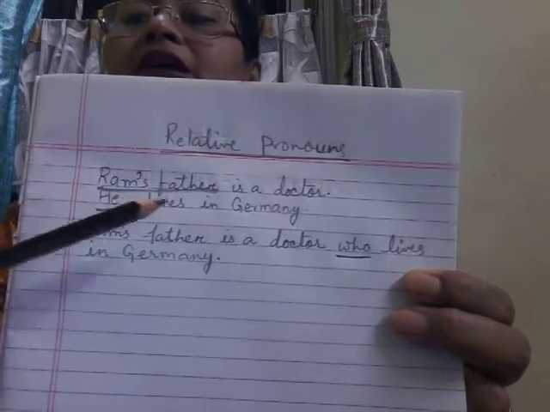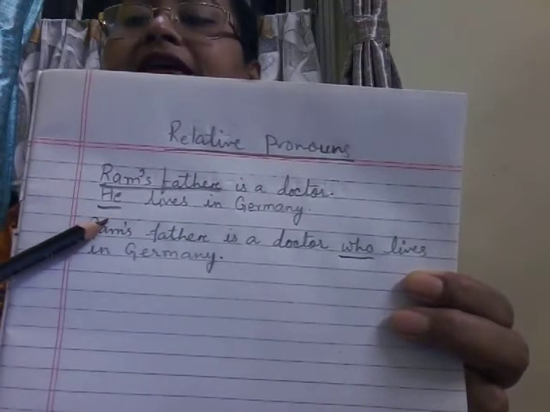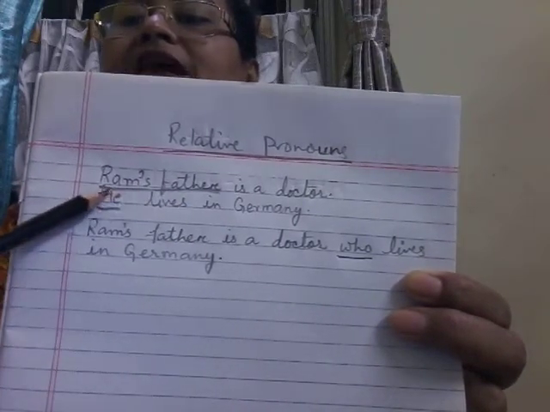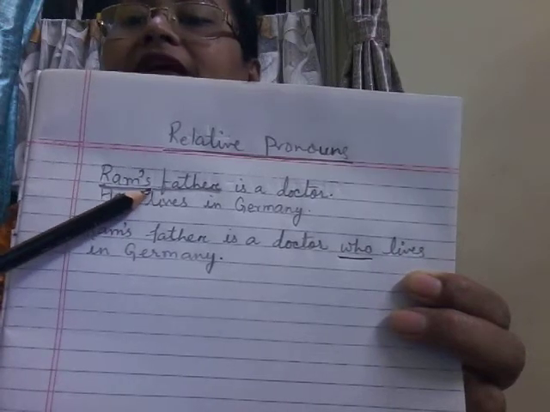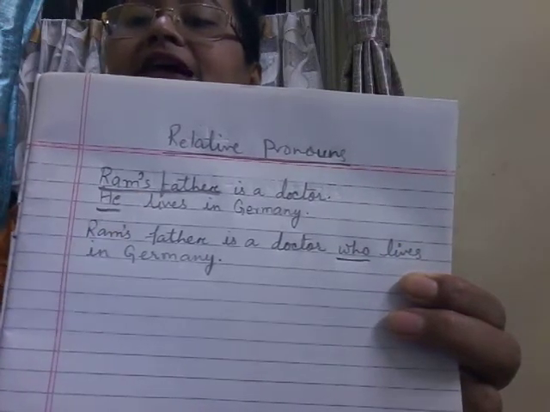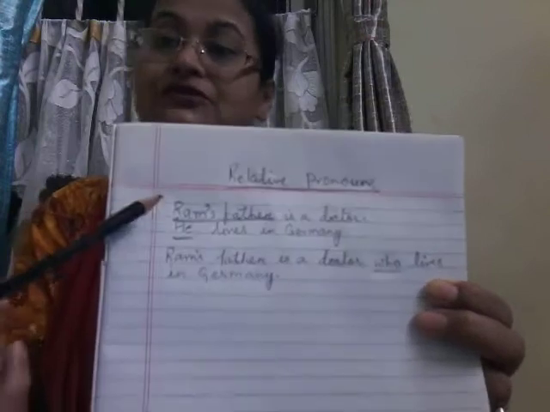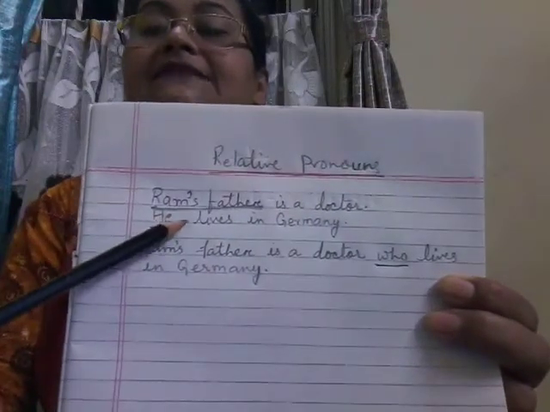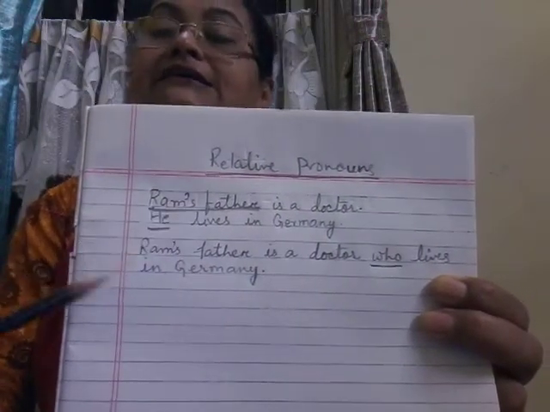He lives in Germany, he refers to Ram's father. So we said relative pronouns are used to join two sentences that have the same noun or pronoun in them.